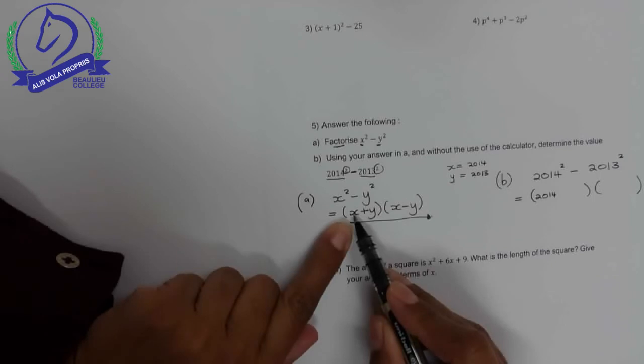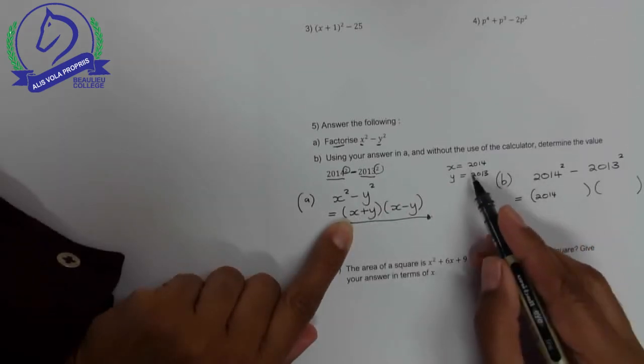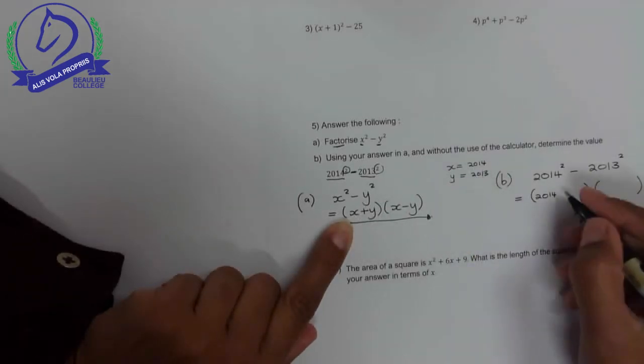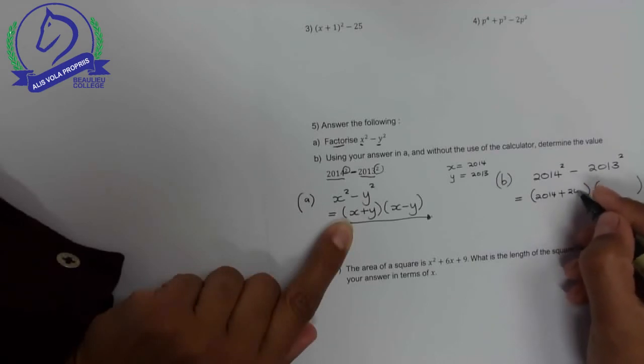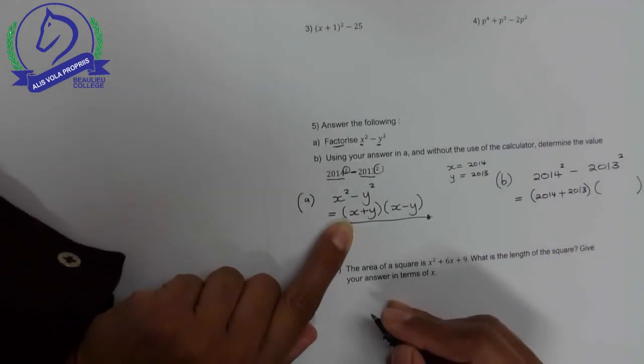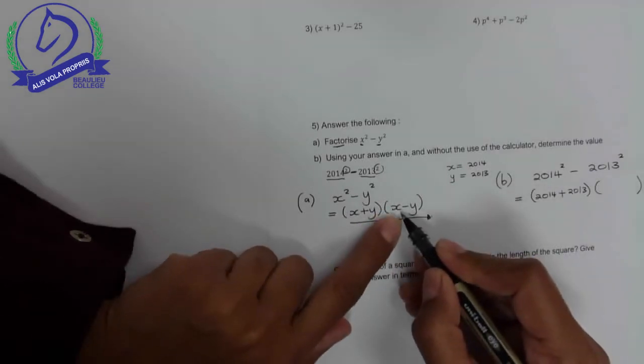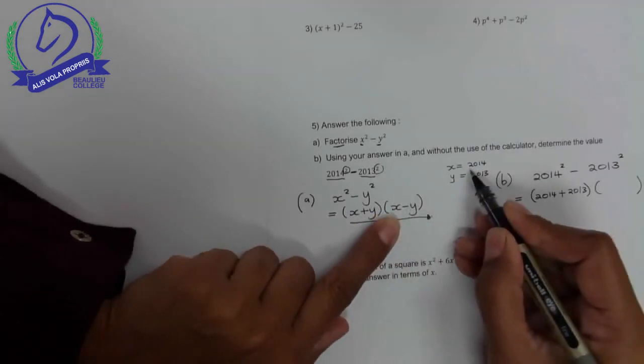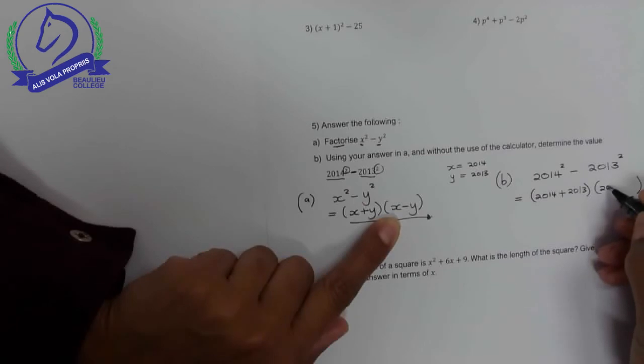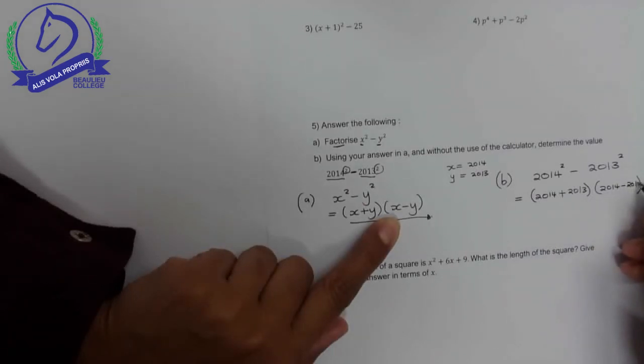So A worked out to x plus y. So 2014 plus y, which would be 2013. Okay? And then the second part of the answer is x minus y. So x is 2014 minus 2013. And that's your answer.